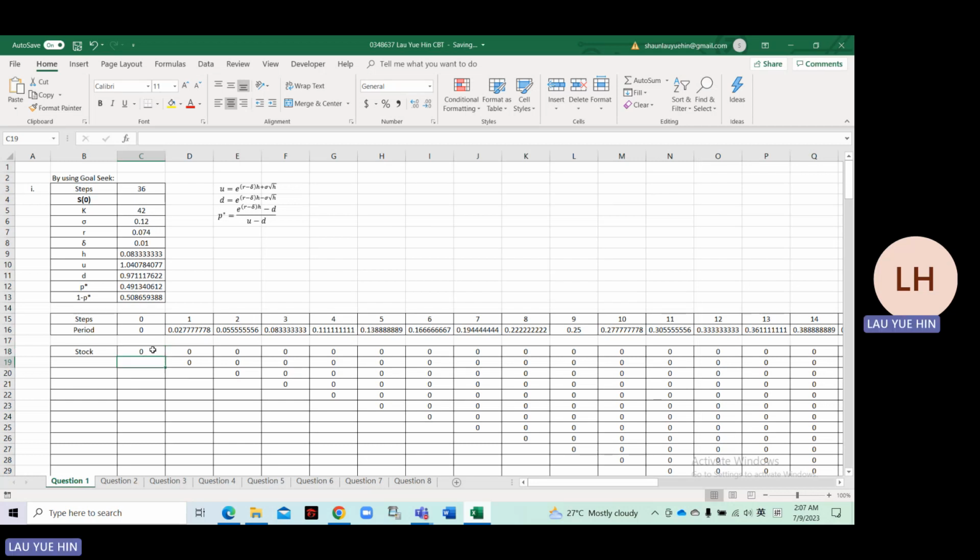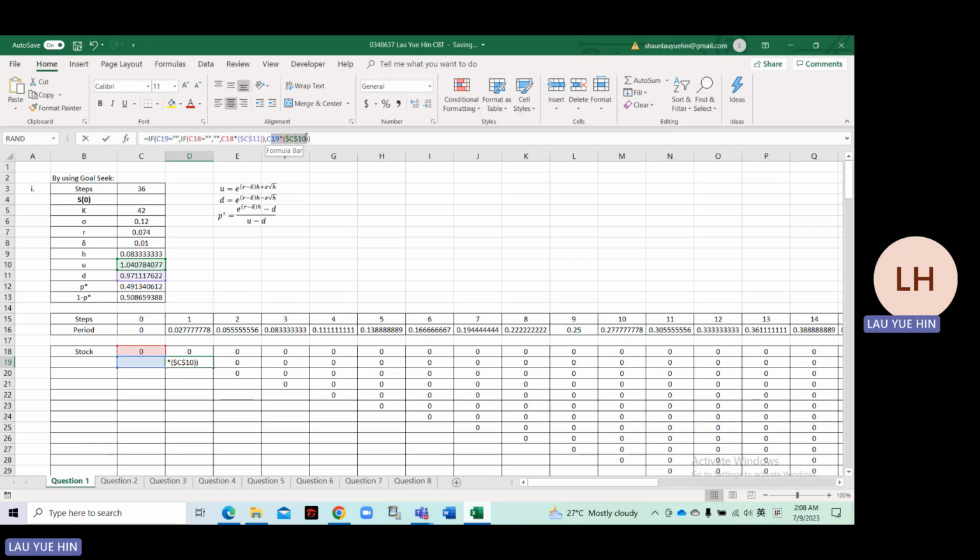So basically in period 0, the value we are going to find equals this cell C4. And to find the binomial tree, the formula to find the next value is the current S0 times U for the value going upwards, and S0 times D for the value going downwards in the binomial tree.